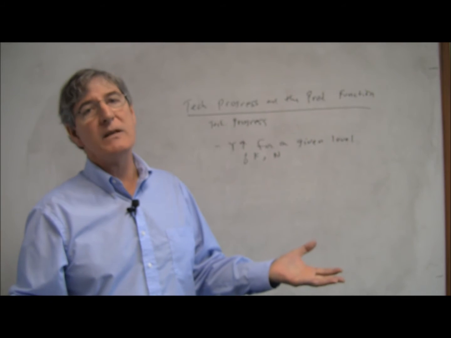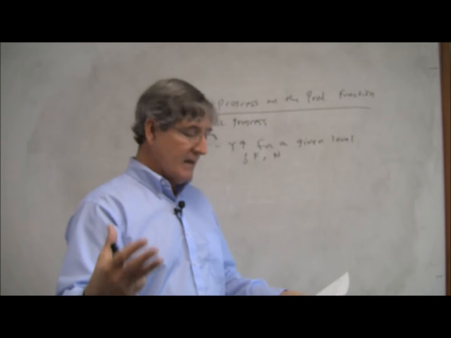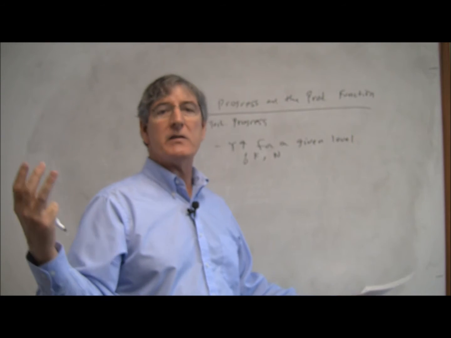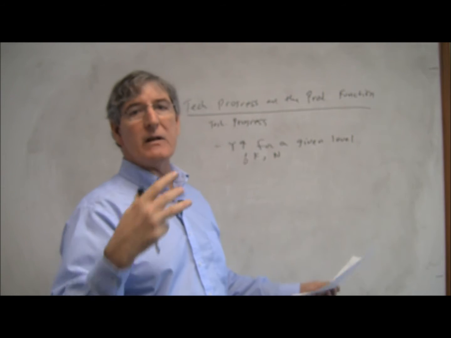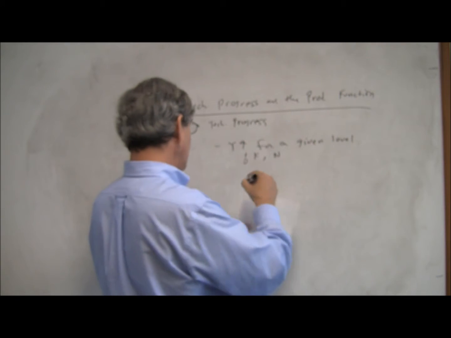So we make more of our resources. Technological progress allows us to get more out of the same input. So for the same quantity of capital, say in dollar terms, and the same amount of labor, number of people, we'll get even more output than we had before.